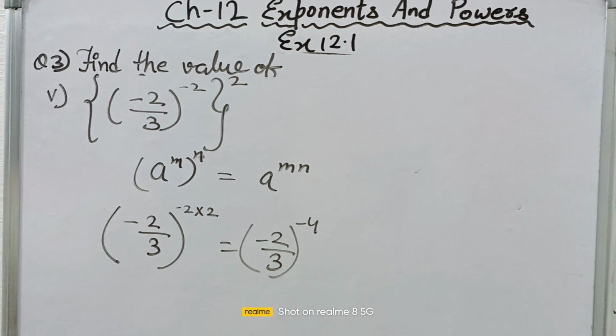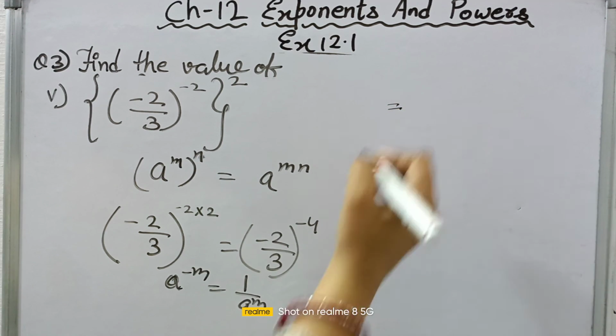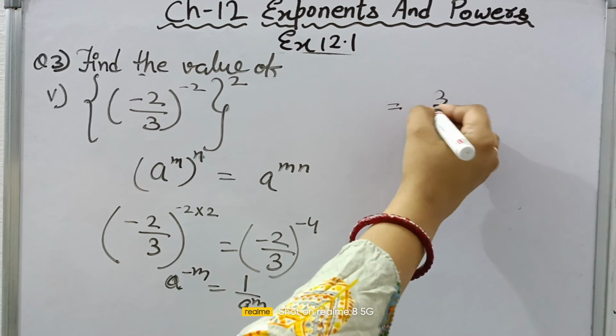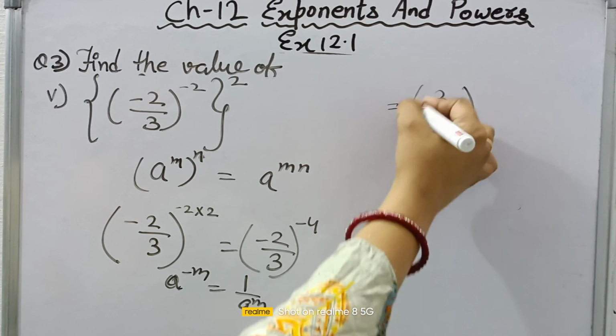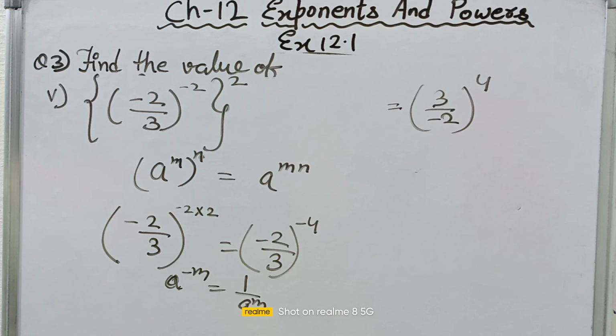Now the exponent is negative. We can make it positive by the law a raised to the power -m equal to 1 upon a raised to the power m. Apply this, we will get 1 upon (-2 upon 3) to the power 4, which is (3 upon -2) to the power 4.